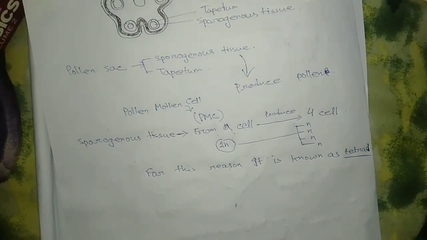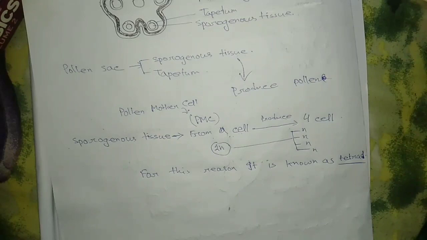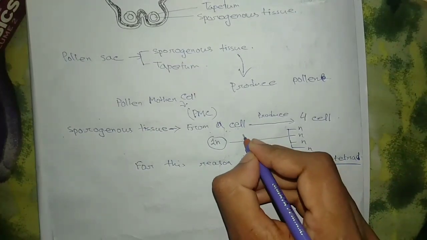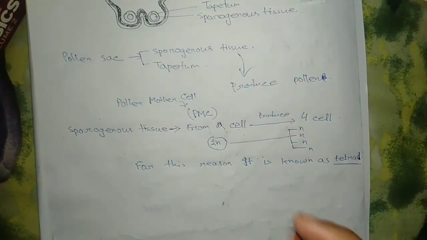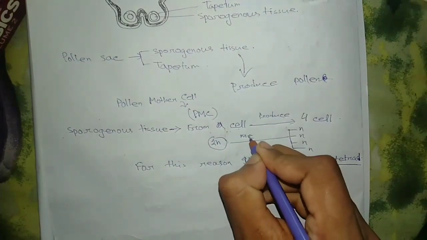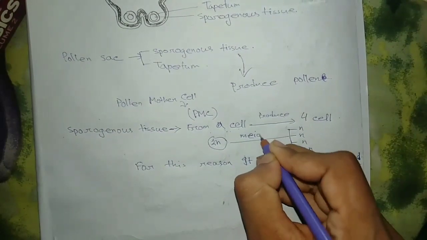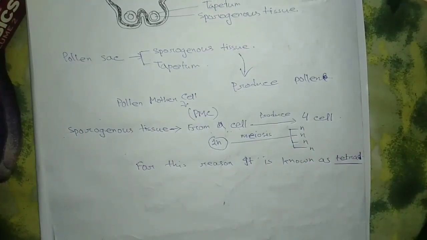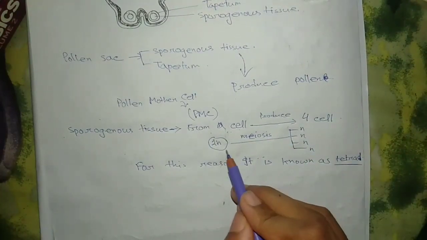Okay. The process from 2n to 4n is meiosis.